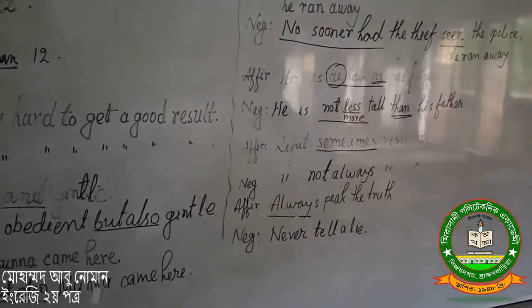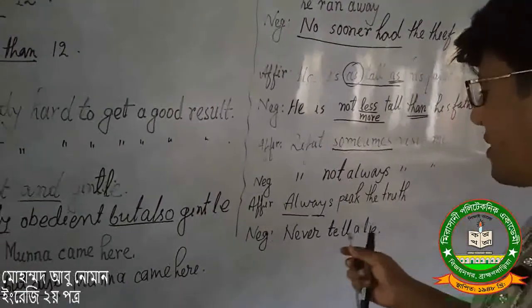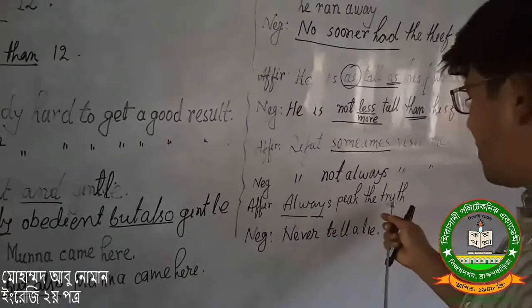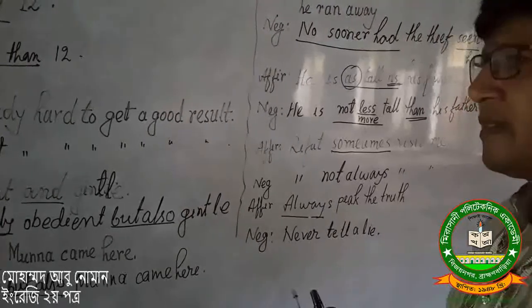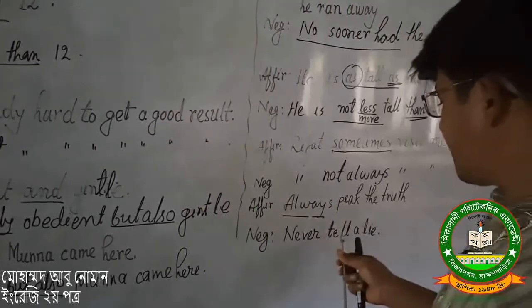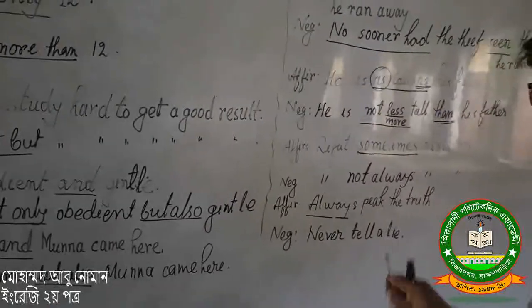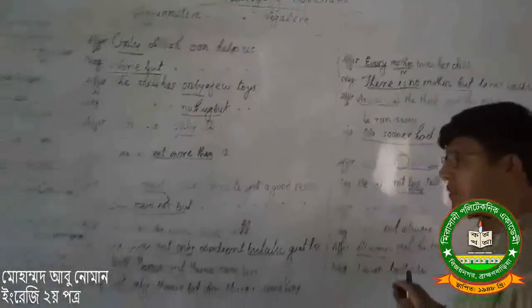There are some words which are used after some other words. Always speak the truth, but never follows tell; it is the more used word with never. Never tell a lie. Truth, opposite word, lie.